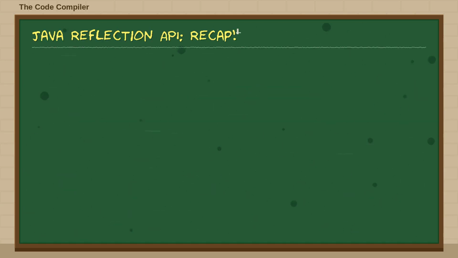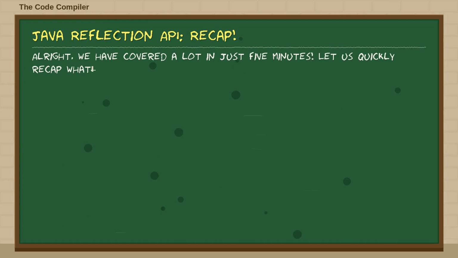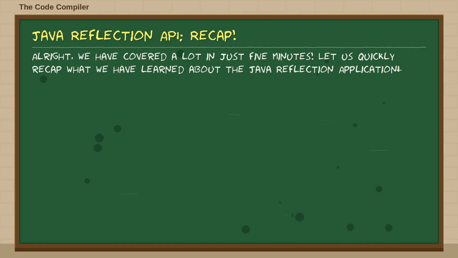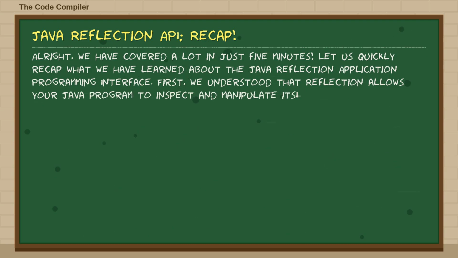Alright, we have covered a lot in just 5 minutes. Let us quickly recap what we have learned about the Java Reflection Application Programming Interface. First, we understood that reflection allows your Java program to inspect and manipulate its own structure and behavior at runtime.